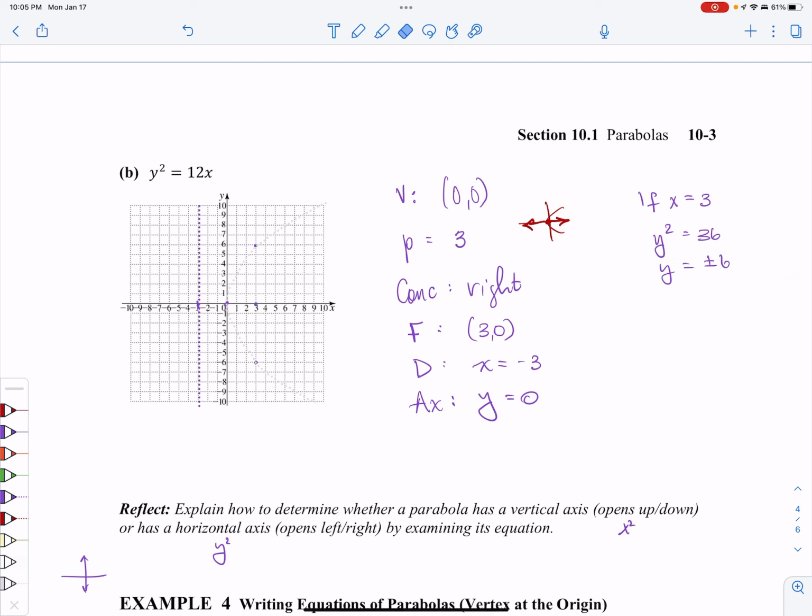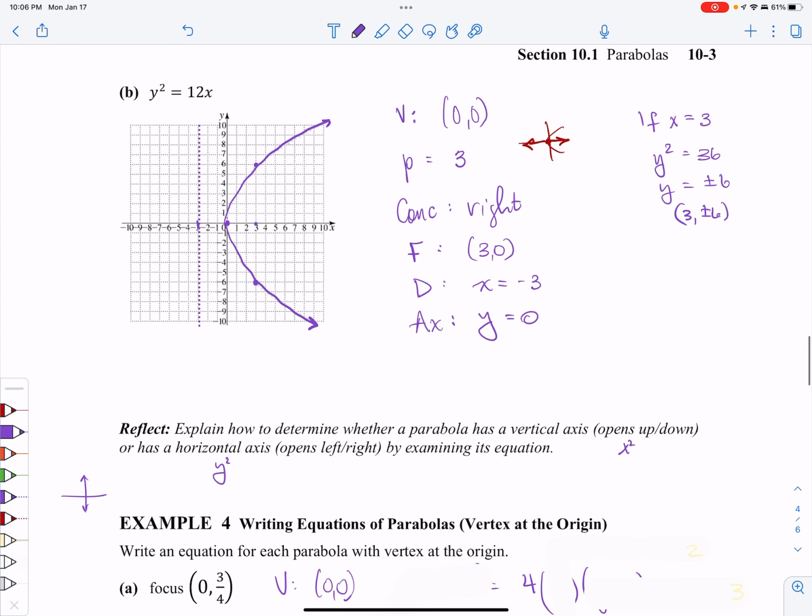And so that means my y is equal to positive or -6. So then you'll notice, here's my vertex. Here's the 2 coordinates, 3 plus or minus 6. I've got 3 positive 6 and 3 negative 6. And then I can go ahead and draw my parabola.